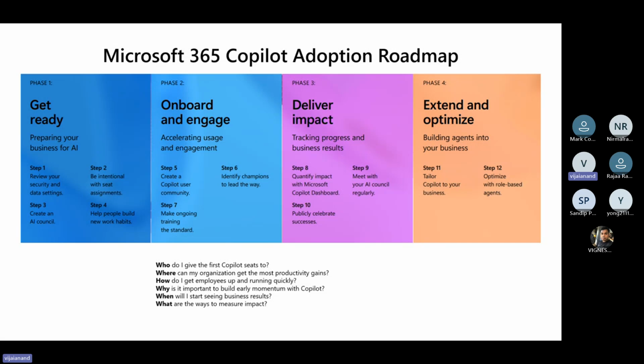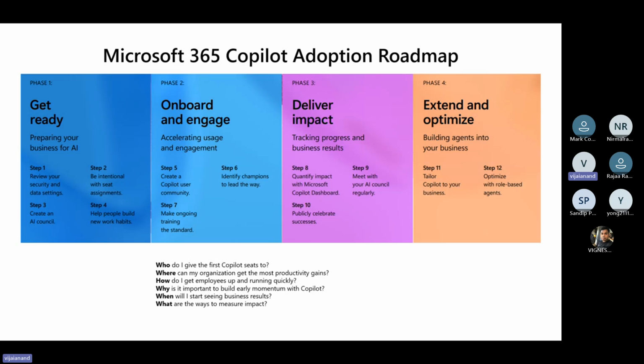And the next one would be license assignments, or seat assignments of Copilot licenses, right? In order for you to maximize the business impact, we need to determine the licensing deployment strategy. What Microsoft recommends is a phased approach, or one based on each business unit.